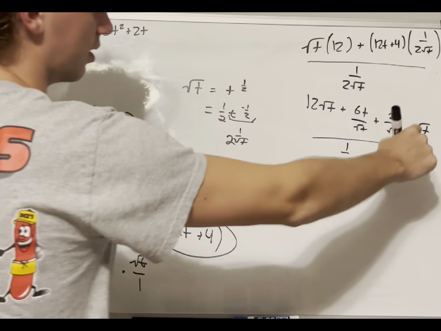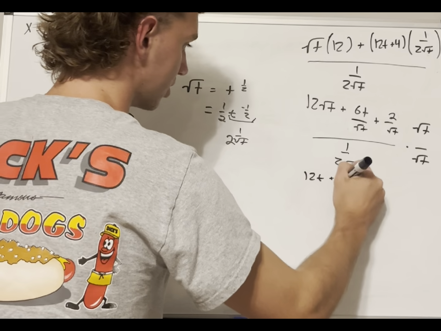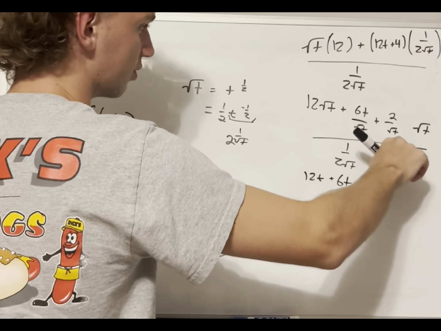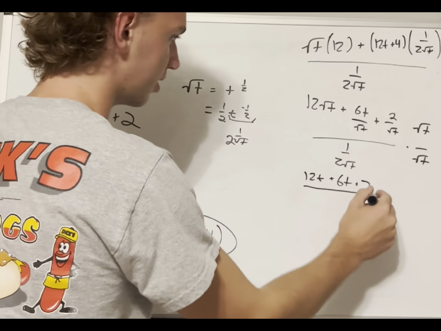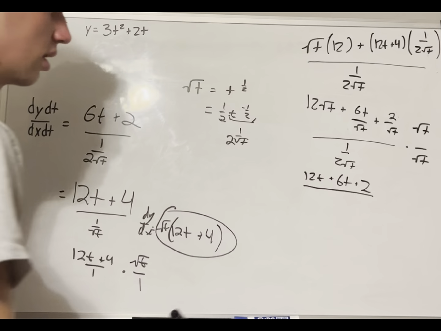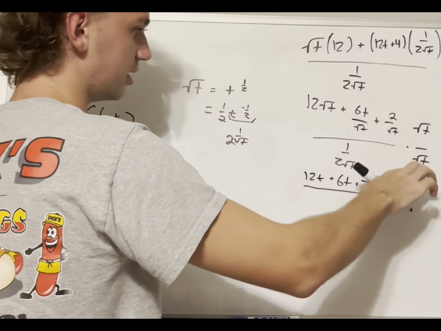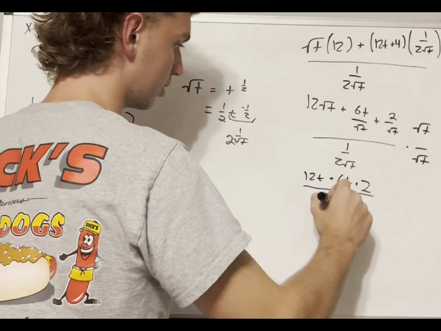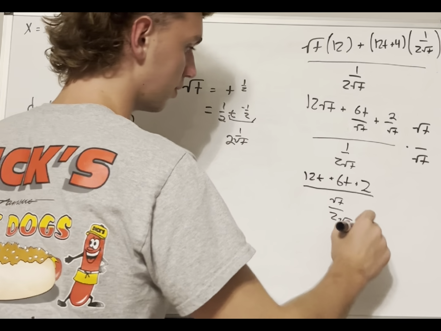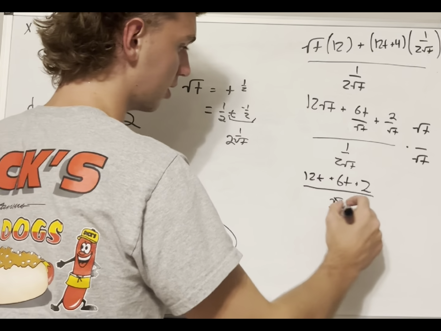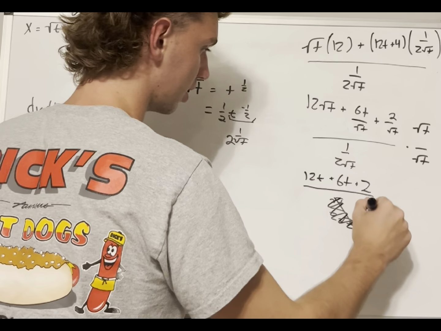And then this root t cancels with this root t, and so you get plus 6t. Same thing cancels with this, plus 2, and then divided by root t over 2 root t. Really, these cancel. So this whole bottom is really just a 1/2.